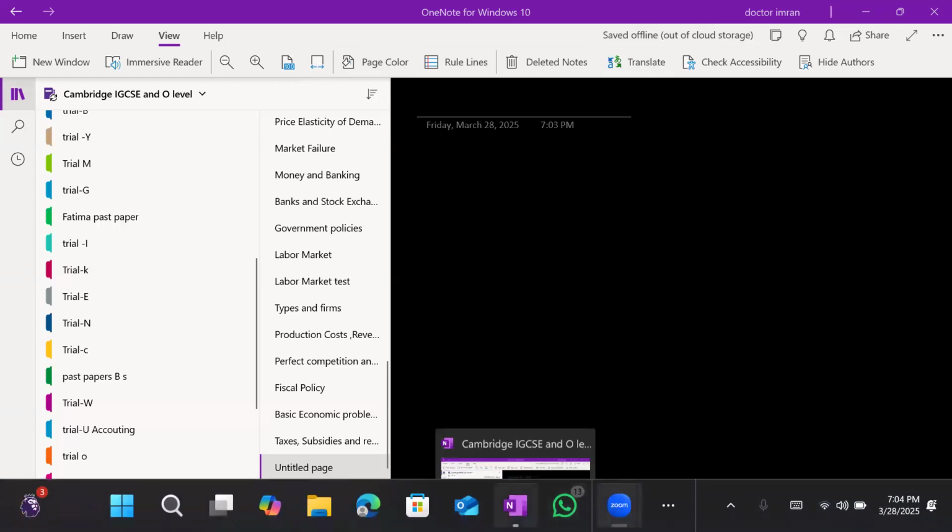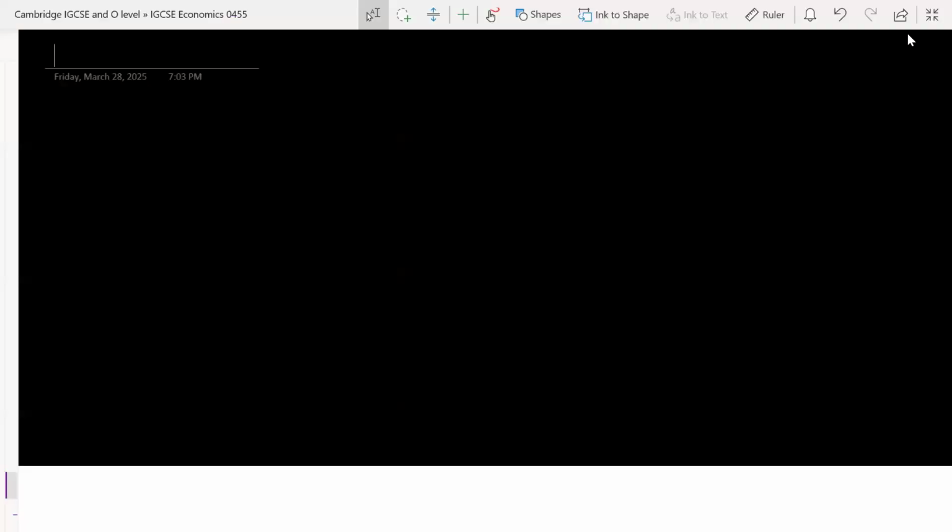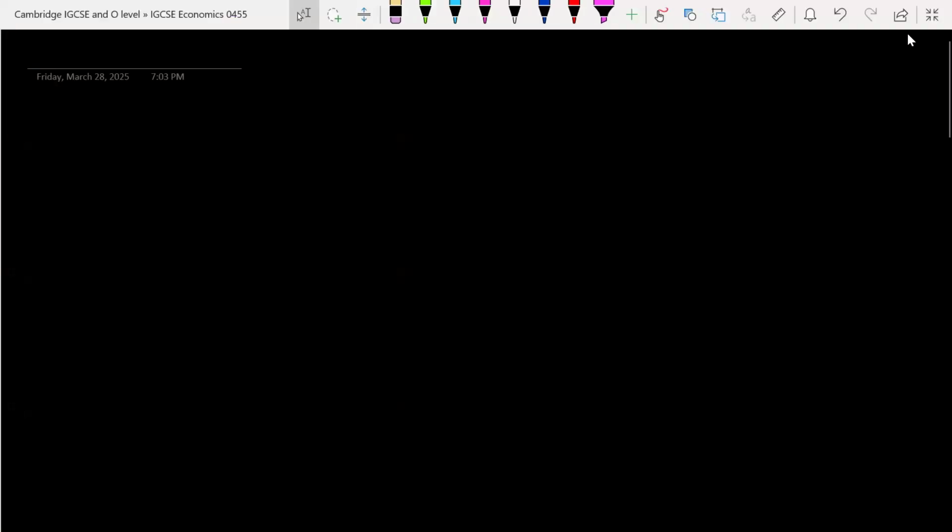Okay, my dear students, we are going to discuss the production possibility curve. Today we have the topic production possibility curve. Let me write down the name of the topic, and after that I will explain.